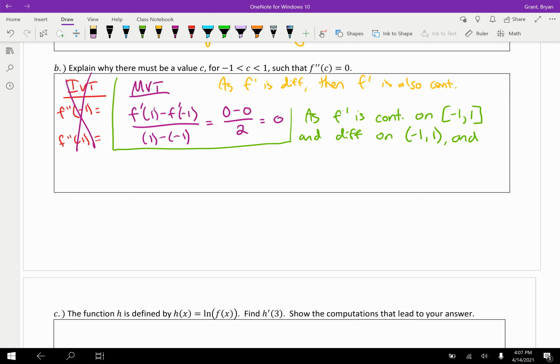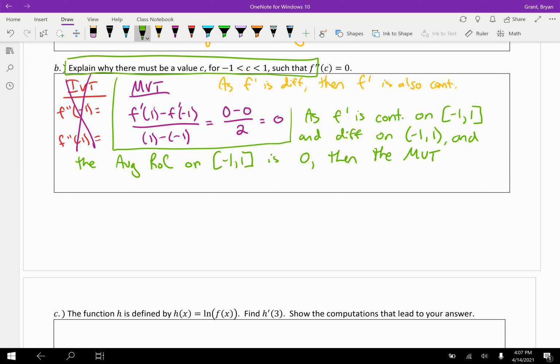Oh, this is the average rate of change, or the slope of the secant line, but I like average rate of change. So, and the average rate of change on -1 to 1, probably closed, so it doesn't matter, is 0, then the MVT, and now we're just going to rewrite what was here.